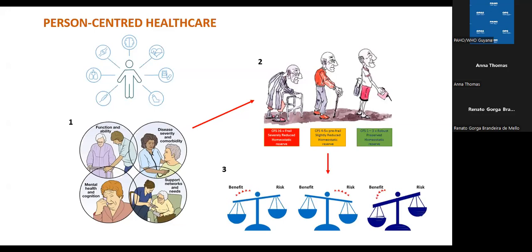For each one of the vulnerability categories, I'll be able to properly weigh this benefit-risk ratio to plan a proper care, a proportional care.